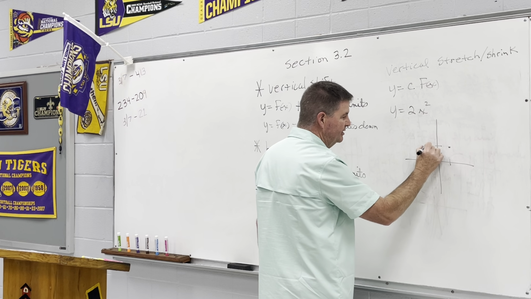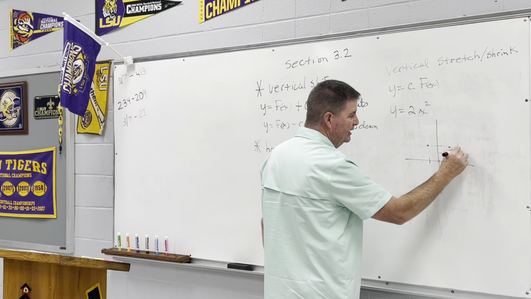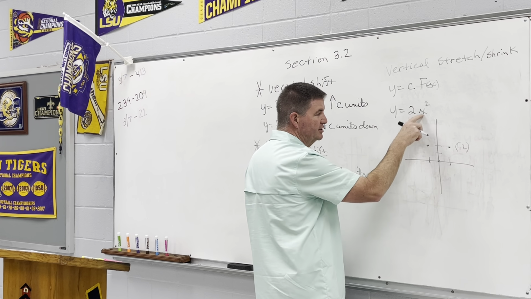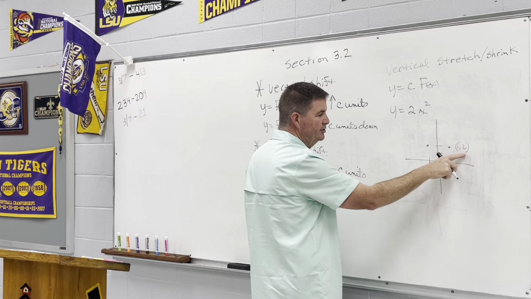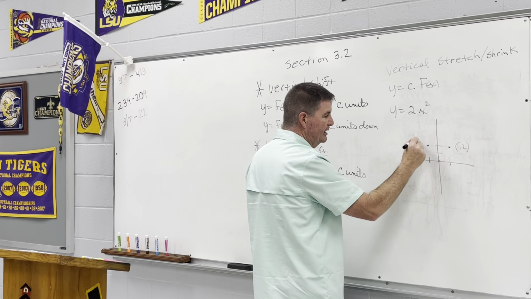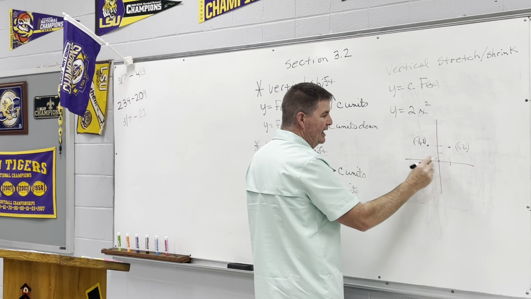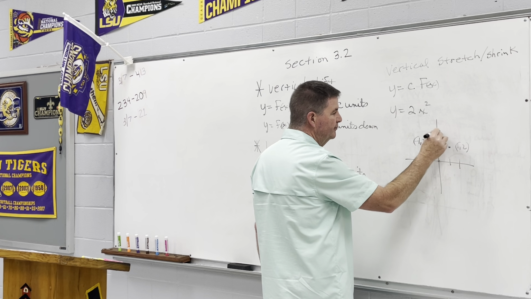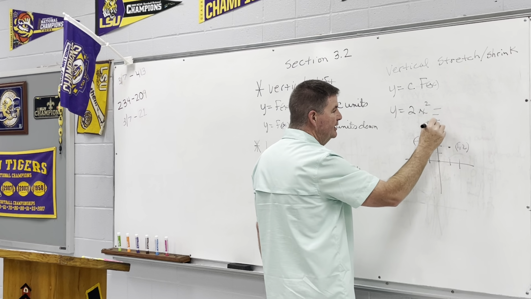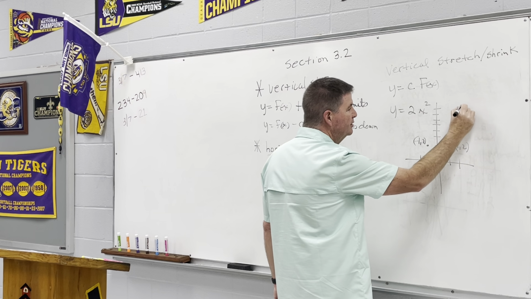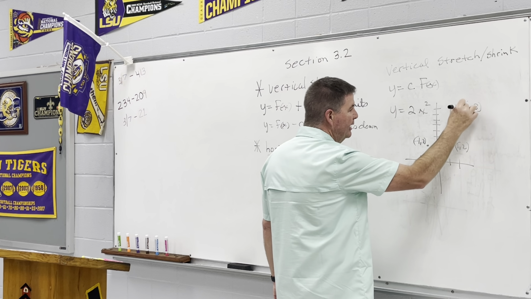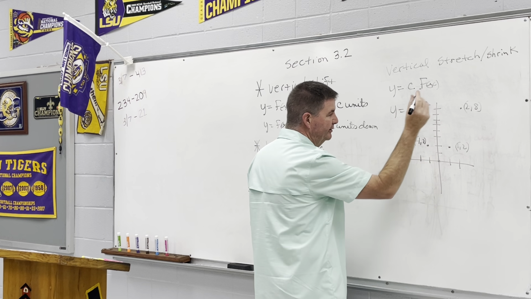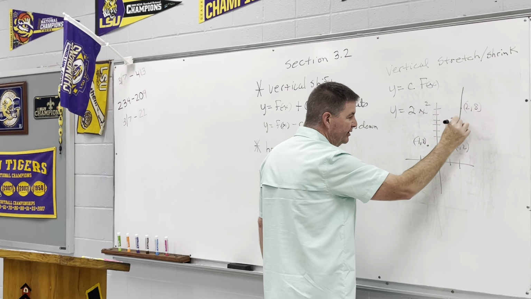So we'd bring it up to 1, 2 instead of 1, 1, because 1 squared is 1, and 1 times 2 gives me 2, and -1, 2. And instead of 2, 4, it would raise it up to 2 comma 8 and negative 2 comma 8, but I don't have room to put it.